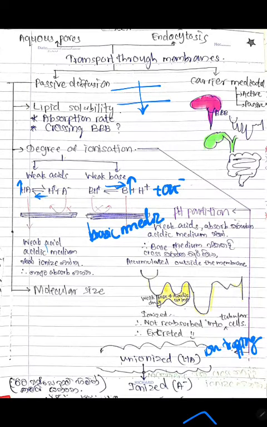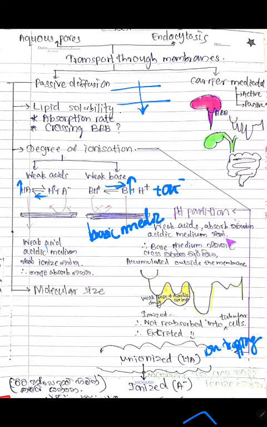Firstly, let's focus on pH partition. It is like this. We know that weak acids are absorbed in acidic medium, and weak bases are absorbed in basic medium.